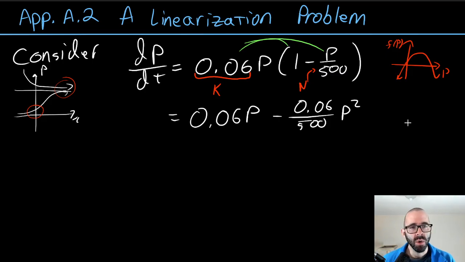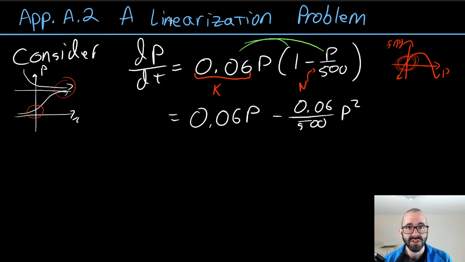And we know that really locally, if we're only looking near the equilibrium of 0, quadratic functions kind of look like a line if you zoom in. And in fact, any continuous function looks like a line if you zoom in far enough.